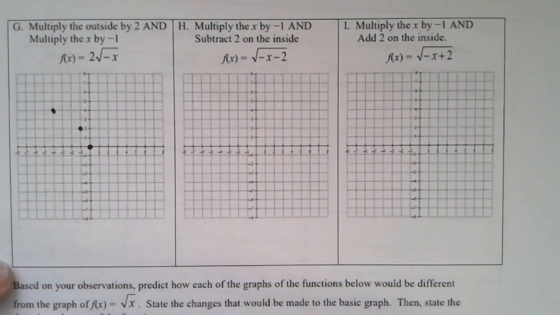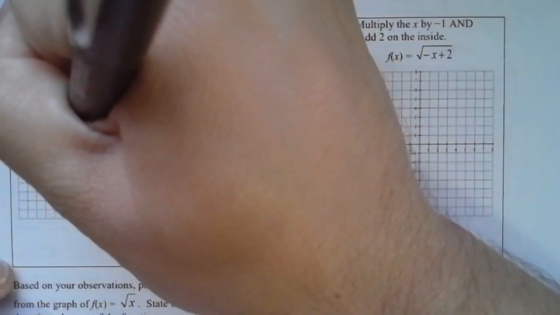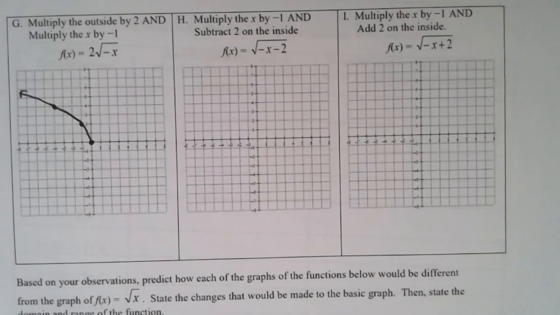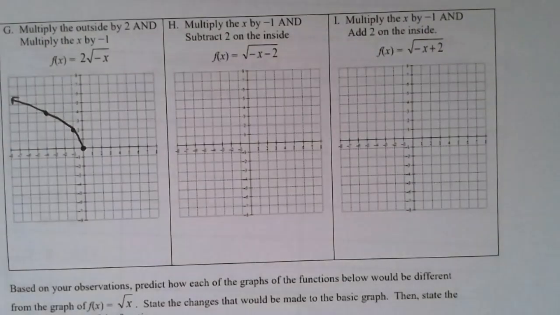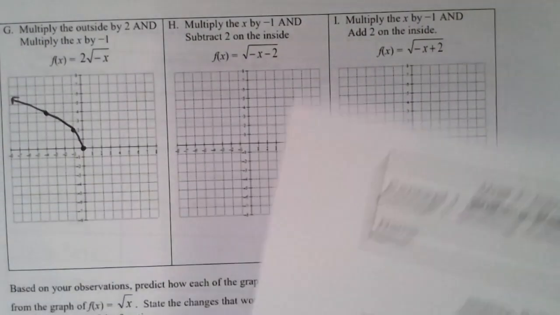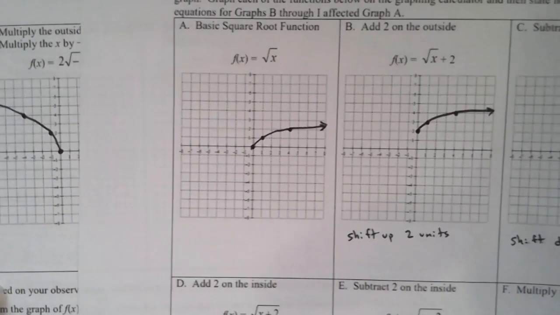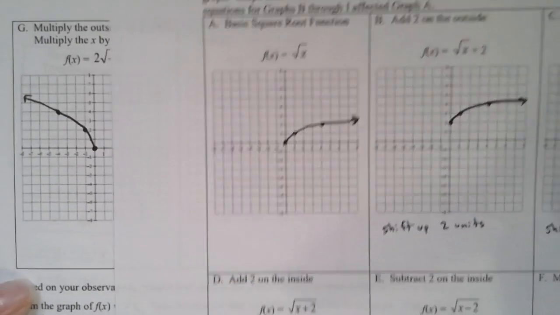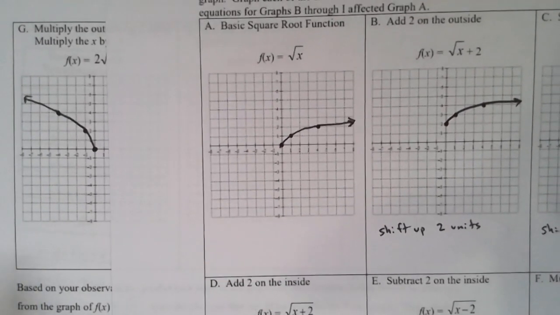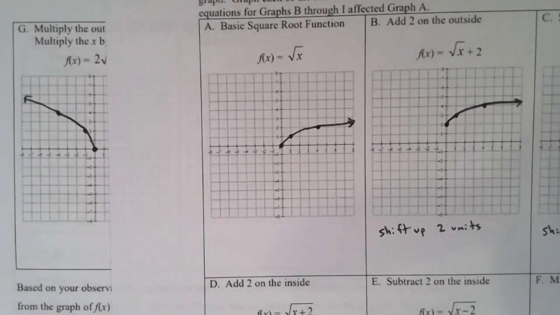There. Okay? And again, compare this. Let me see if I could just flip through the pages here. Compare this, and we don't have one to compare exactly to, right? But notice how the function looks taller compared to the basic square root function.